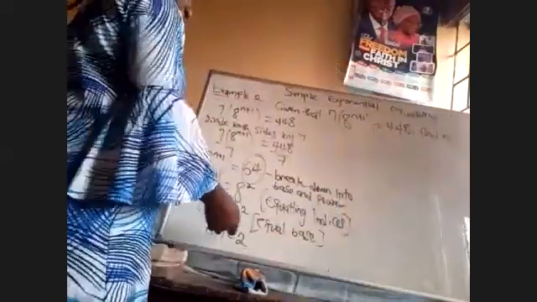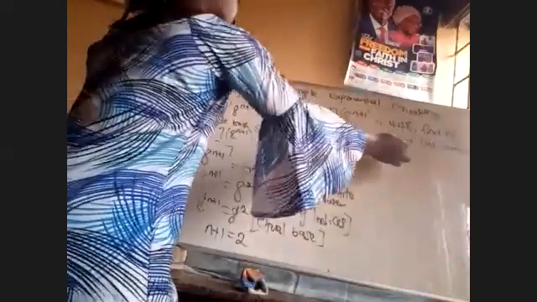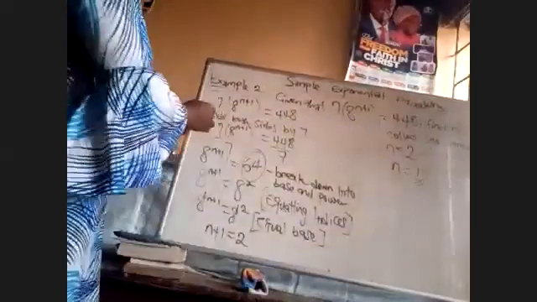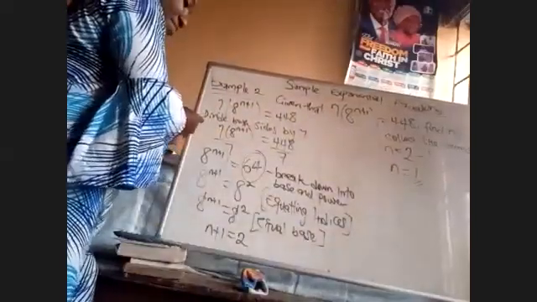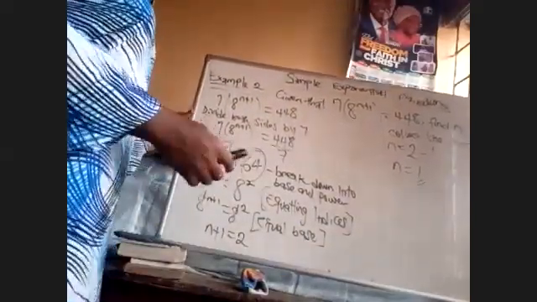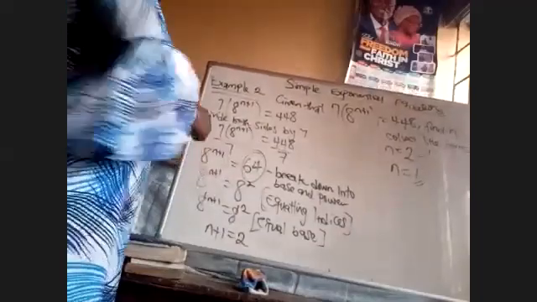If n plus 1 is equal to 2, then what do we do? Collect like terms. When we collect like terms, we have n is equal to 2 minus 1. So our n is equal to 1. That is our n. Do you understand?